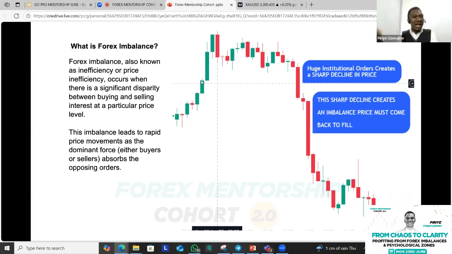So Forex imbalance, also known as what? It is also known as inefficiency or price inefficiency. It usually occurs when there is a significant disparity between what? Buying and selling orders. So let's assume we want to buy, let's say, 20 units of EUR/USD, for example. That would mean there must be 20 units of sell orders on the other side of the trade for that transaction to go through.